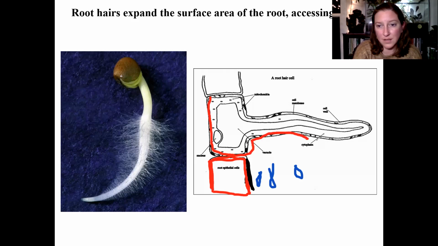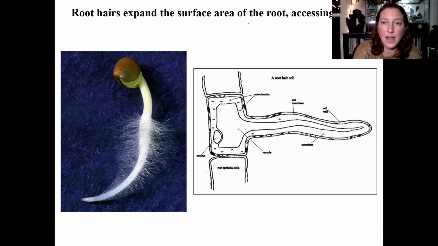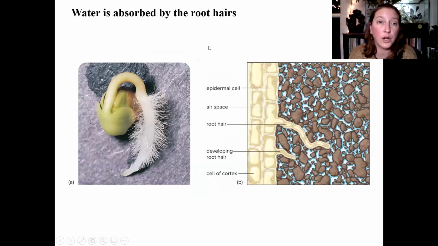However, this one has this long root hair coming off of it. Whoa, look at how much surface area you have to absorb water now, right? All over this whole thing. So that's what root hairs do. They help plants access more of the soil and therefore absorb water. So root hairs is what absorbs the actual water.